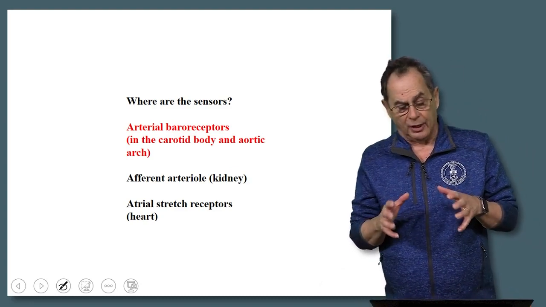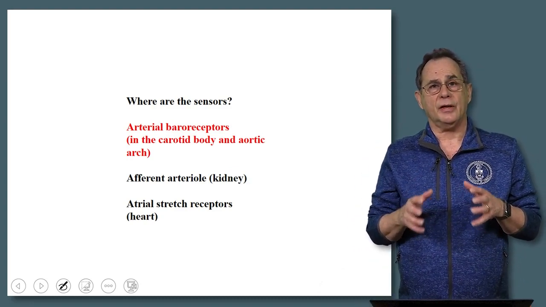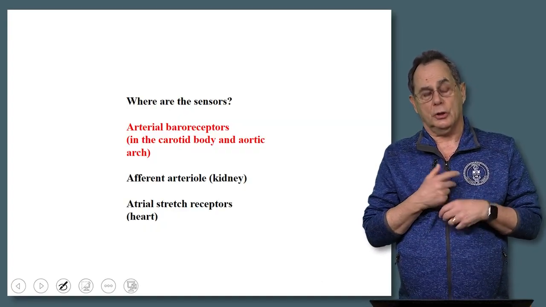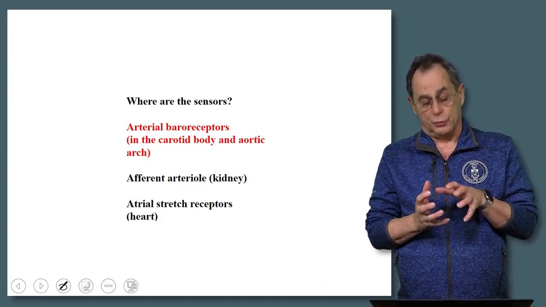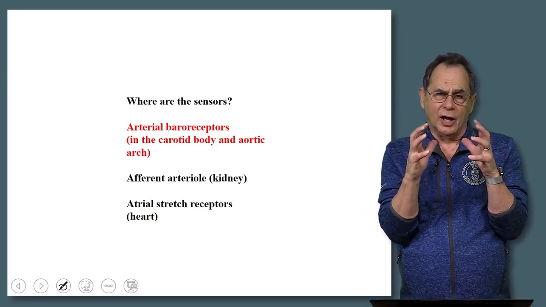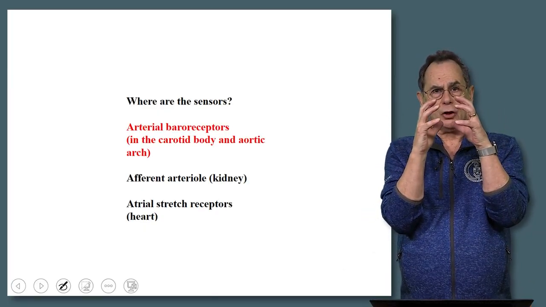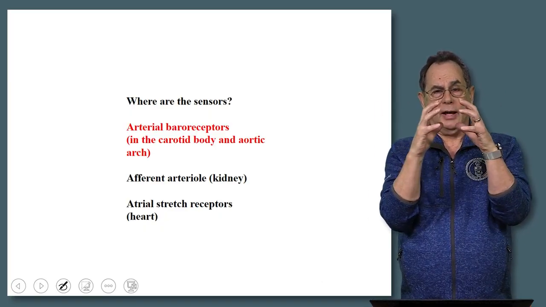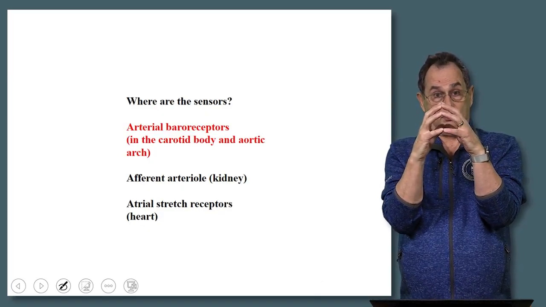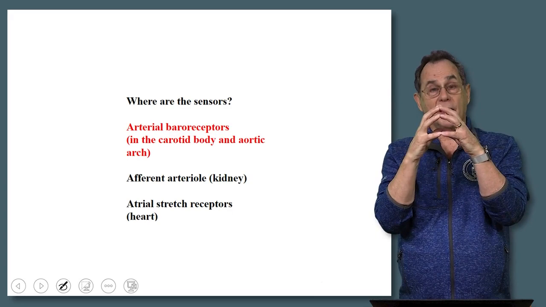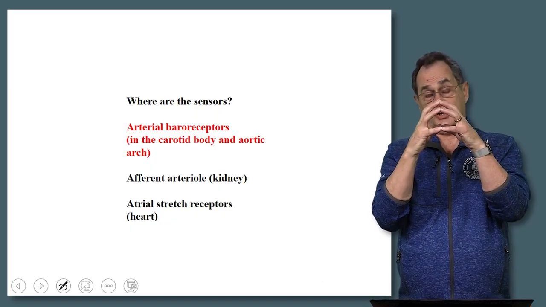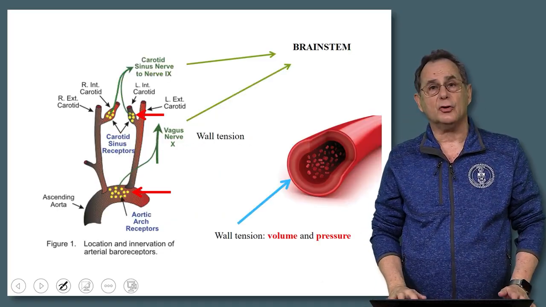You and I have baroreceptors that sit within the carotid body and within the aortic arch, central arterial baroreceptors that respond depending upon how full they are. The analogy I use is of a balloon. Imagine that the carotid body is like a balloon, and it responds depending on whether the balloon is small or big. If the plasma volume increases, then the carotid body volume will increase in a sense, and you'll be able to sense that. So let's take a look at that.